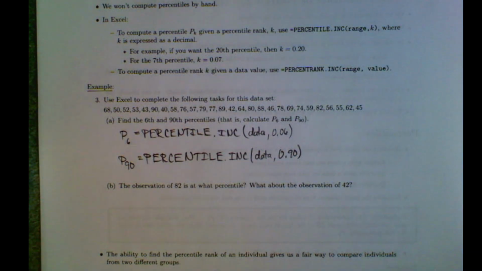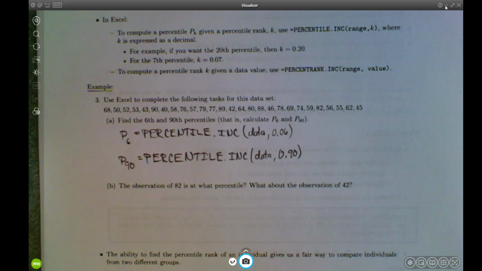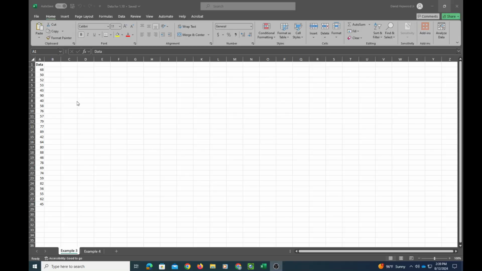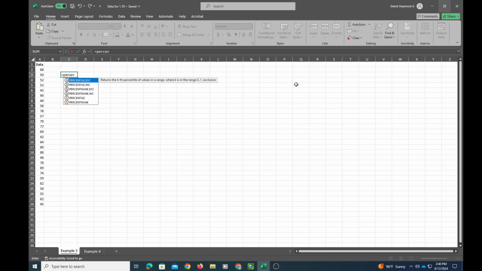Okay, so let's head over to Excel and see what we get. So here's our data set, and I'm just going to click into an empty cell, and then I'm going to say equals percentile.inc. So I'll scroll down and choose that one. I'll hit tab, and then I will select my data.